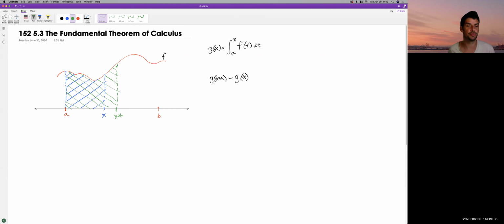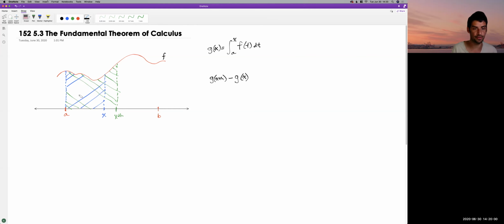It's a reasonable assumption at this point just to help us understand this, okay? Now, if I take these two things and subtract them, so I'm taking the area represented by the green shaded area and subtracting the area represented by the blue shaded area, what do I get? Well, all I get is this little strip between x and x plus h.